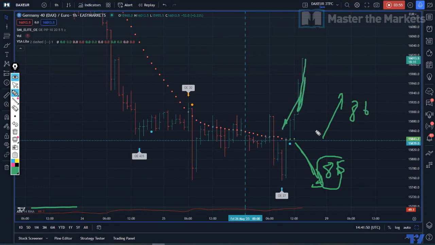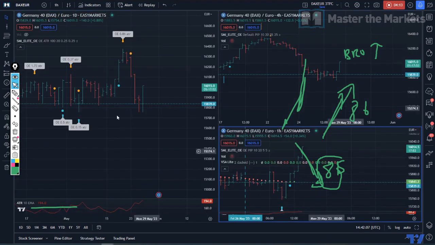And now you know that if that were to happen and the BRO is to happen to the upside to form at least its average true range, then you'll be taking the BRO to the upside, which is actually against the trend on the daily time frame, isn't it?